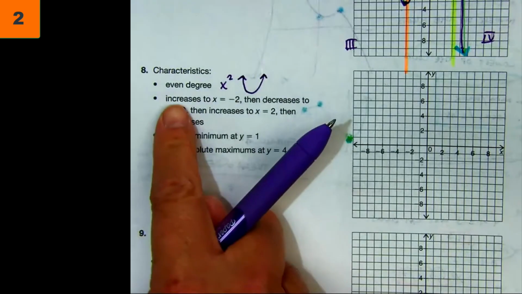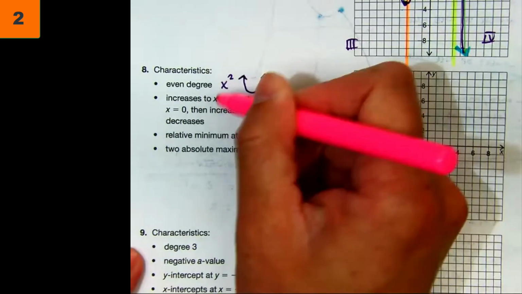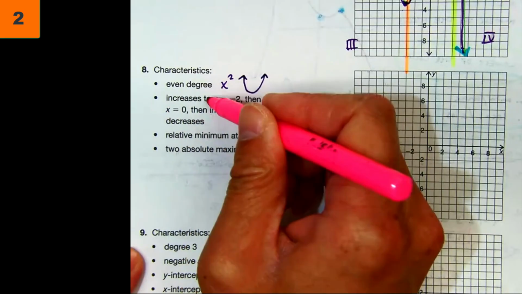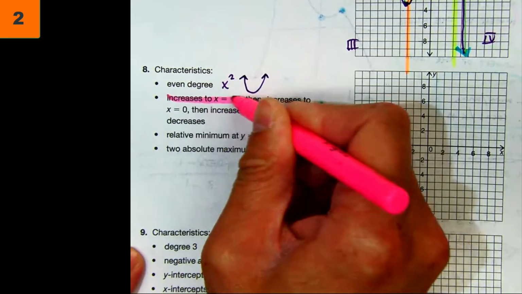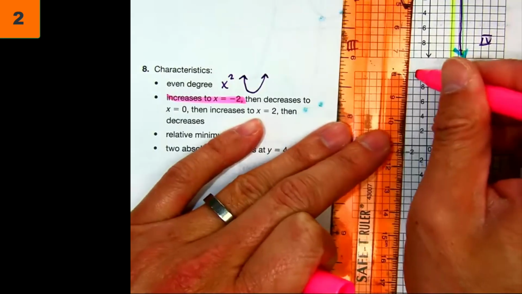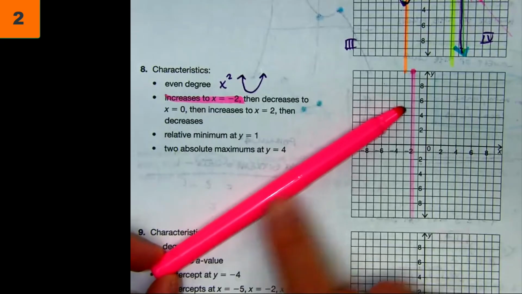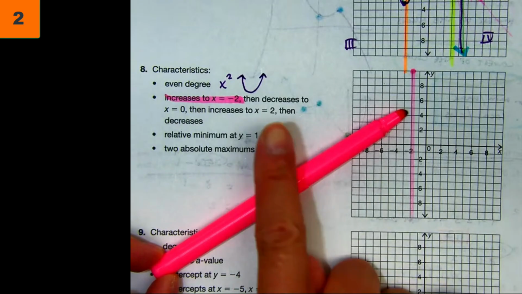Now it says increases to x equals -2. Let's give ourselves a visual. So my graph's got to be going up until this point. Does that make sense? Like my pen, it's going to be like this. That's increasing, going up from left to right.